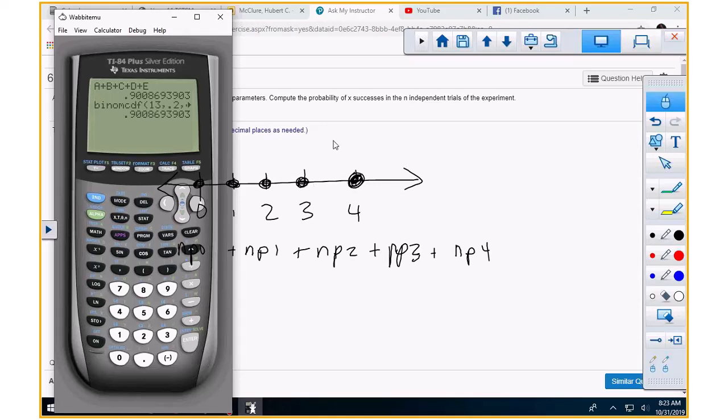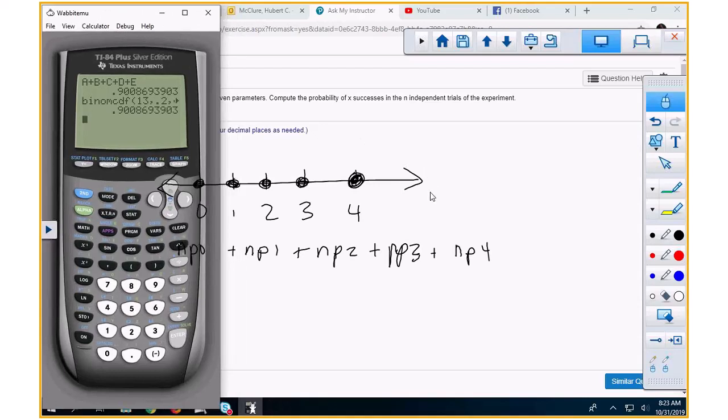And what does the C stand for? The C stands for cumulative. Okay? So cumulative means add up everything from 0 to 4. So I typed in 13, 0.2 and 4, and it did everything for you.